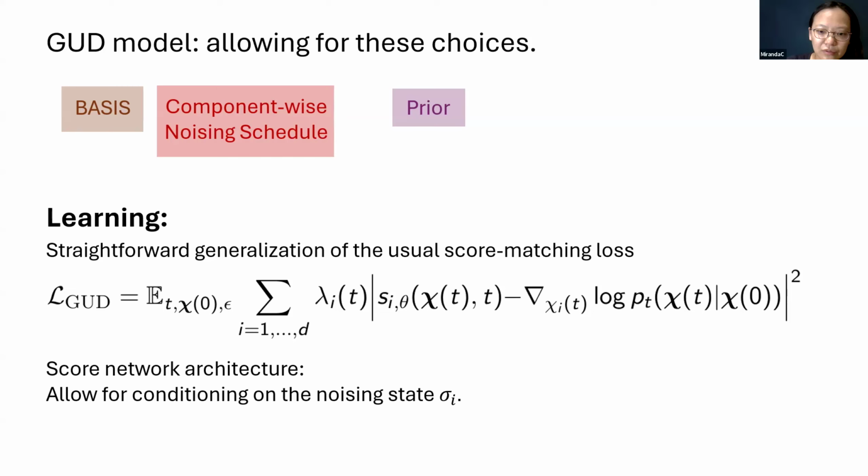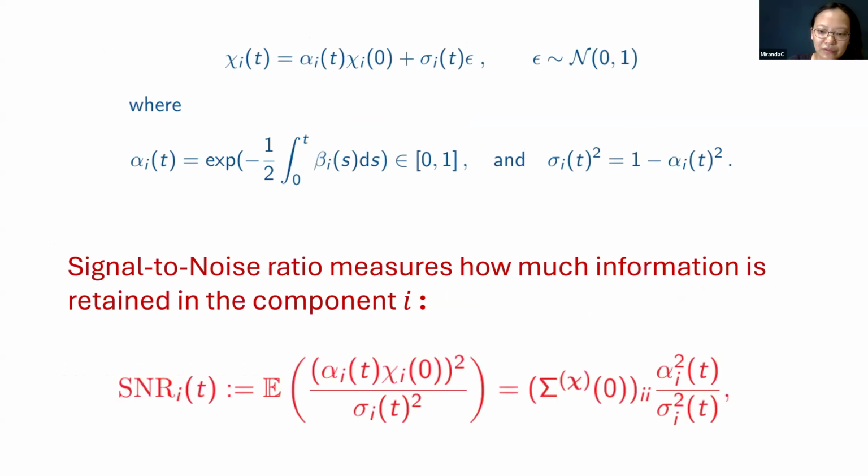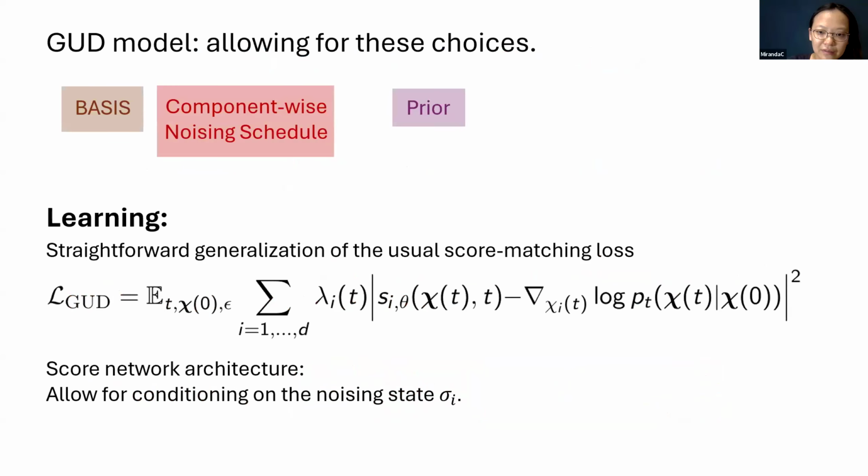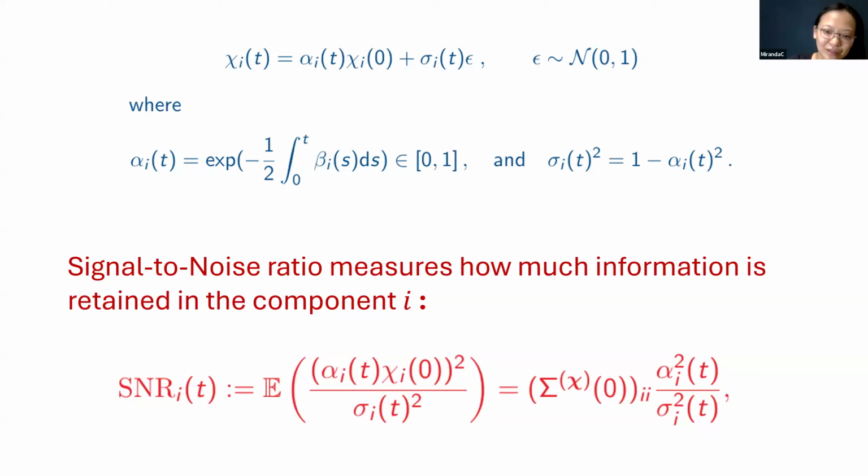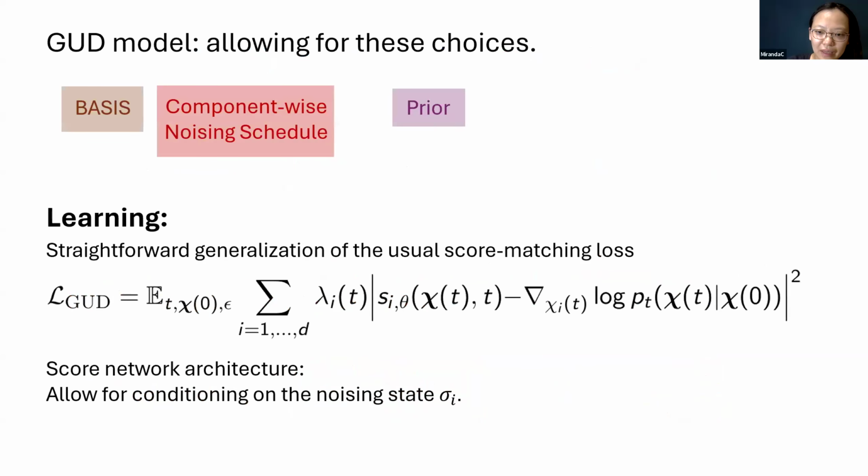So, okay, now this is about the three choices, and a few brief words about how this can be learned. So straightforwardly, we could again write down the reverse SDE as before in exactly the analogous way. And then we now need to learn the score.